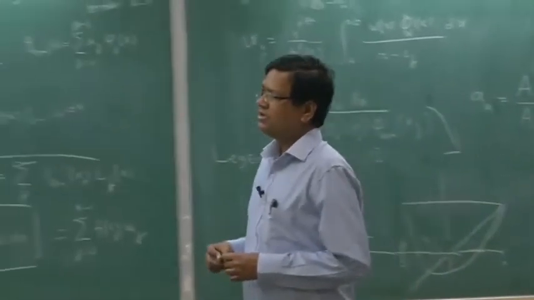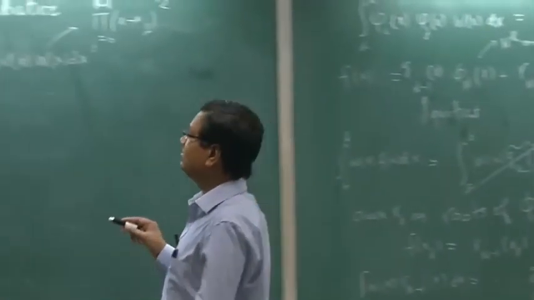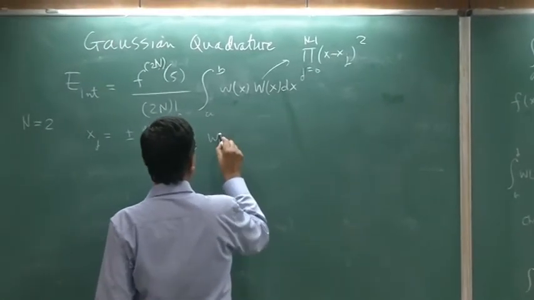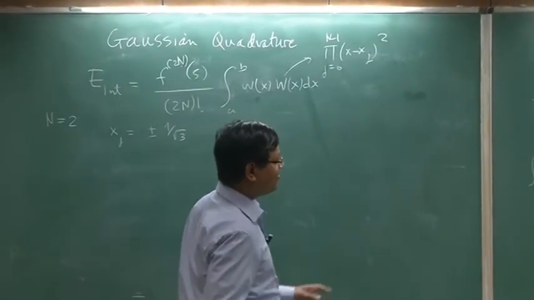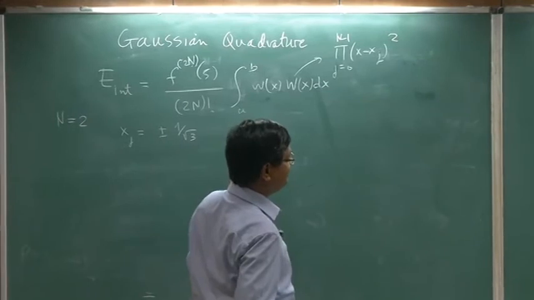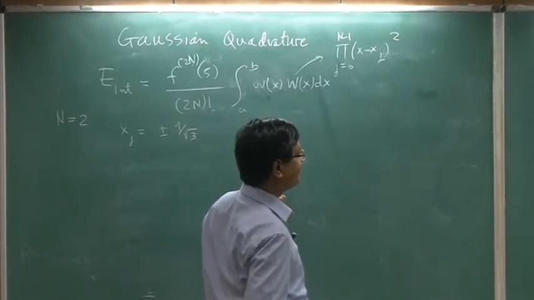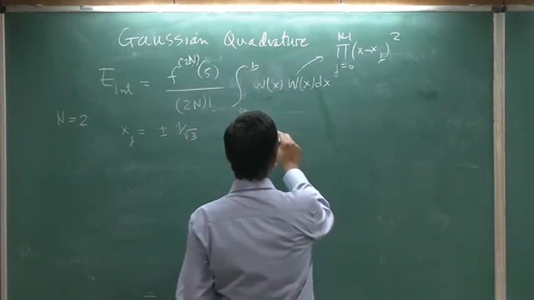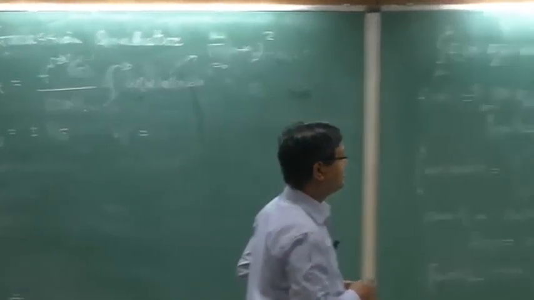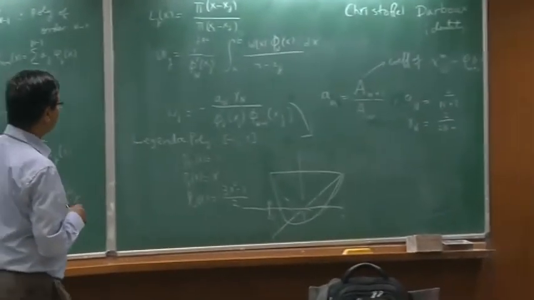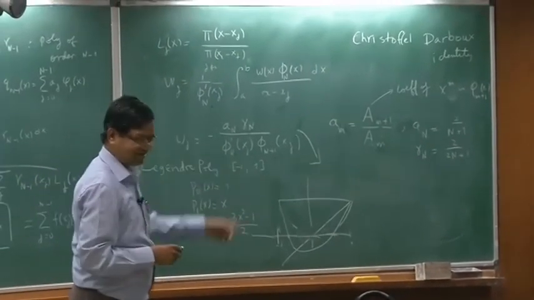So the W's, how do I compute Wj? So the Wj formula is, where did I write? I erased it. Let me write the Wj formula. The 1 minus x squared, I just erased that one.